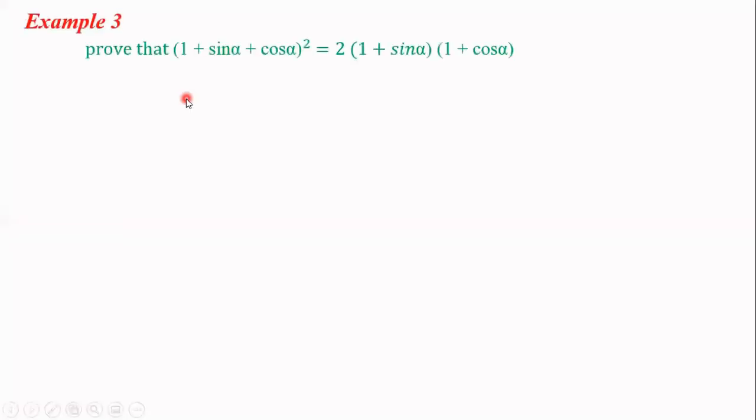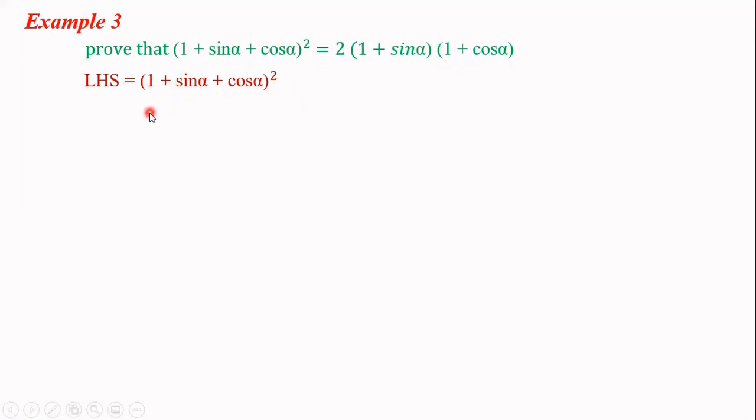Example 3. Prove that (1 plus sine alpha plus cos alpha) whole square equals 2 (1 plus sine alpha)(1 plus cos alpha). To prove this identity, we start from the left hand side, (1 plus sine alpha plus cos alpha) whole square. Inside the bracket, there are 3 terms.